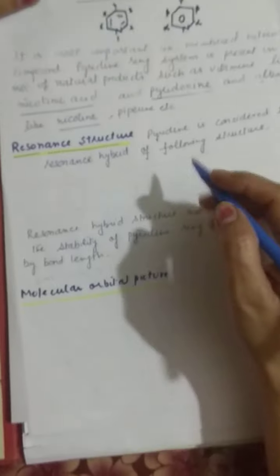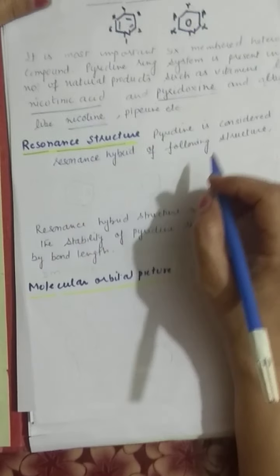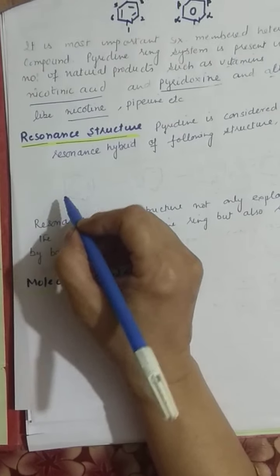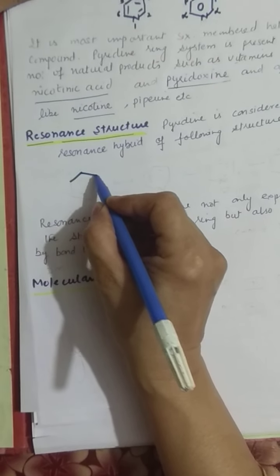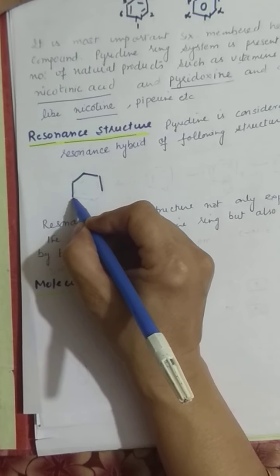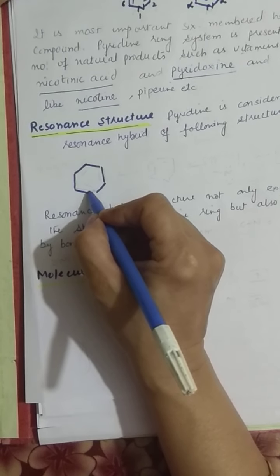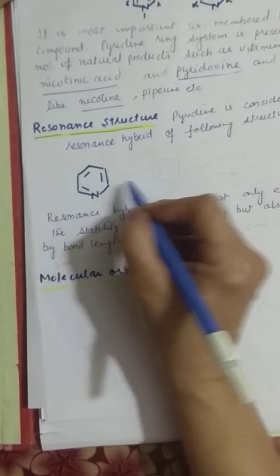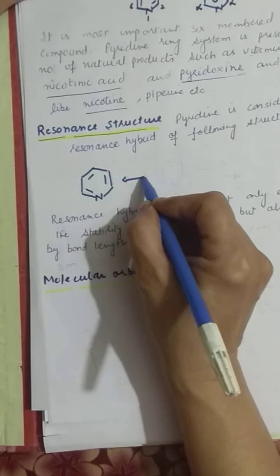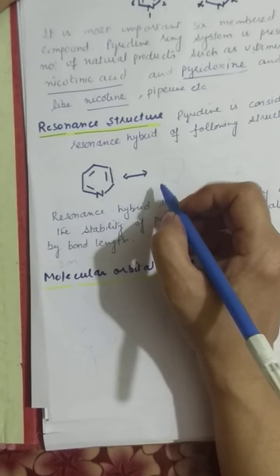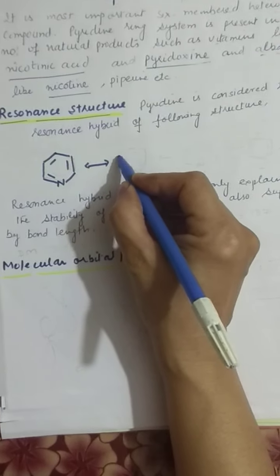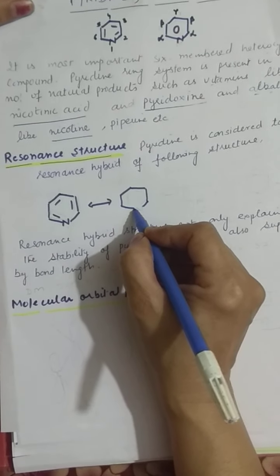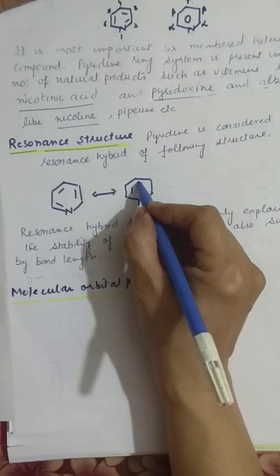Resonance structure. Pyridine is considered to be a resonance hybrid of the following structure, which is represented by this. As you know that nitrogen is more electronegative than carbon, so it attracts the electron density toward itself.